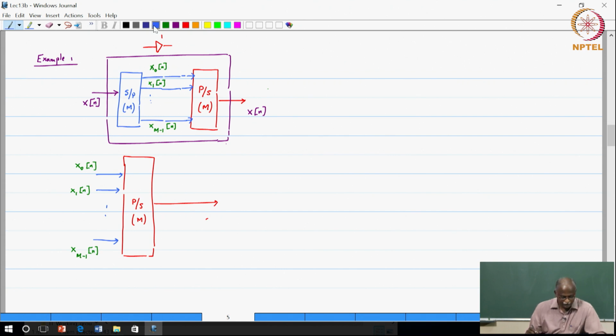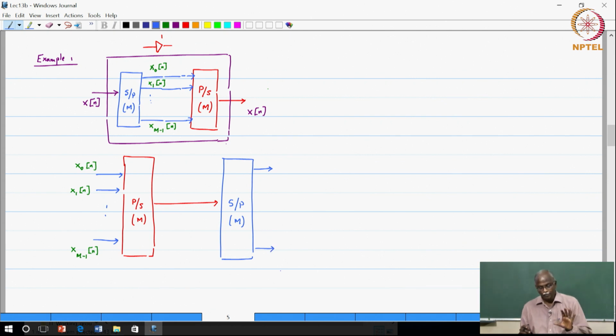Then at the other end, I ask you to do a serial to parallel conversion of order m, which means that I would once again get m channels coming out. Now keep in mind, this is a parallel to serial converter with a counterclockwise commutator. This is a serial to parallel converter with a counterclockwise commutator. The basic definitions, as I told you, were all defined in the previous slides.